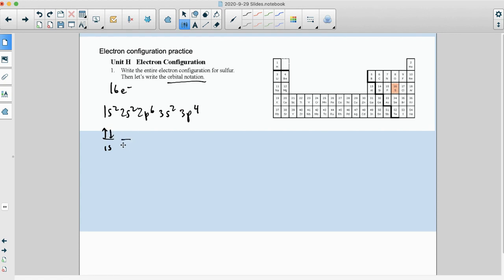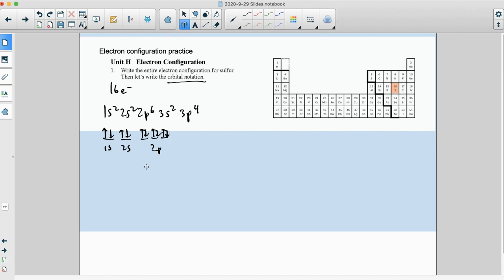The next subshell is the 2s, so I draw 1 orbital because it's an s subshell. For 2p, there are 3 orbitals. When filling multiple orbitals in a single subshell, you always want to put 1 electron into each empty orbital first, and then go back and fill in the second electron.